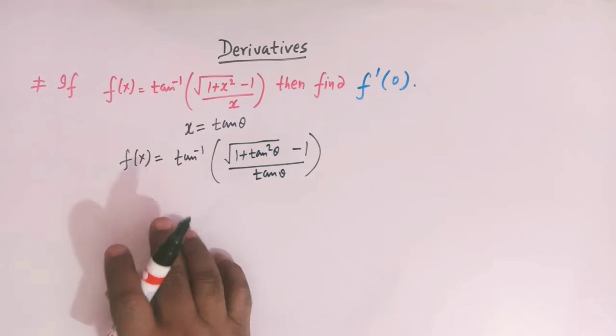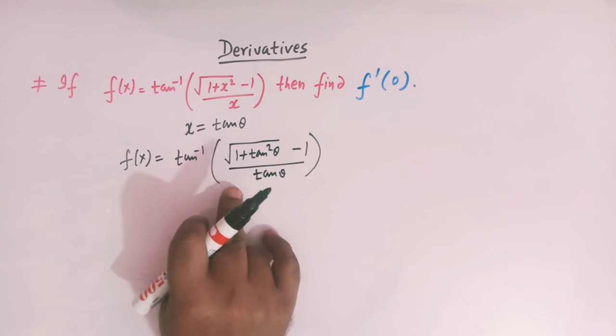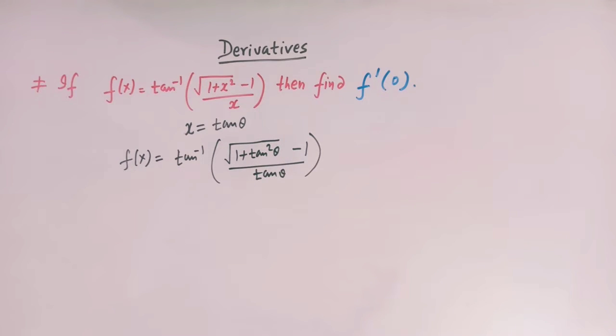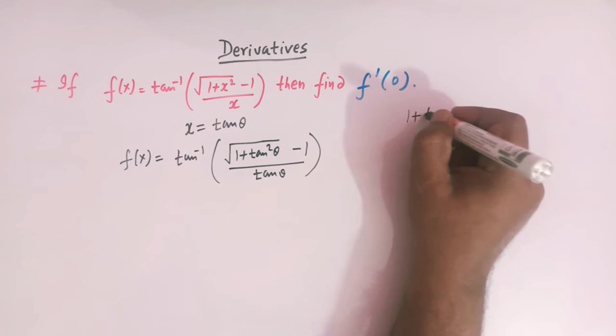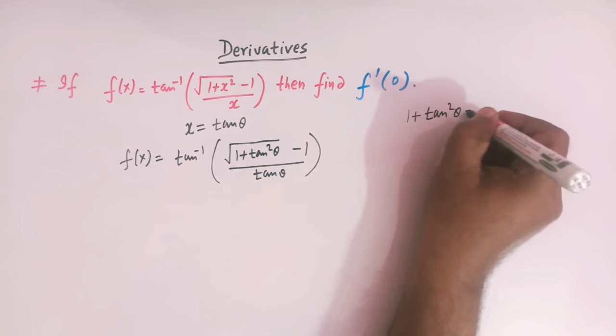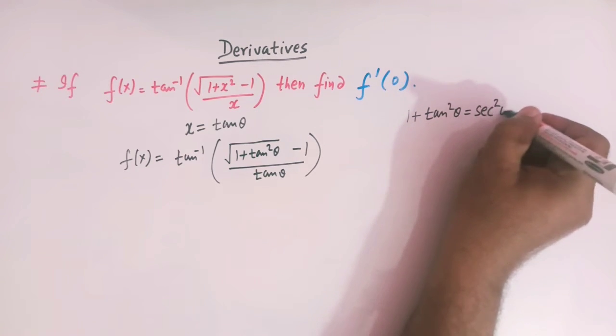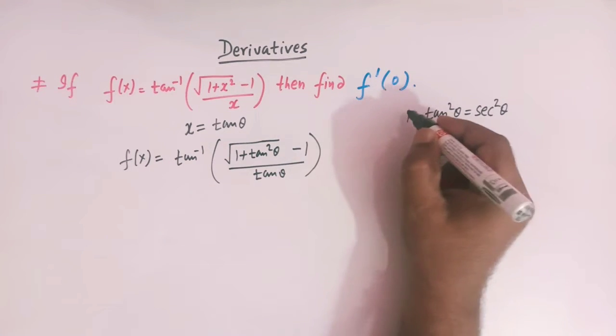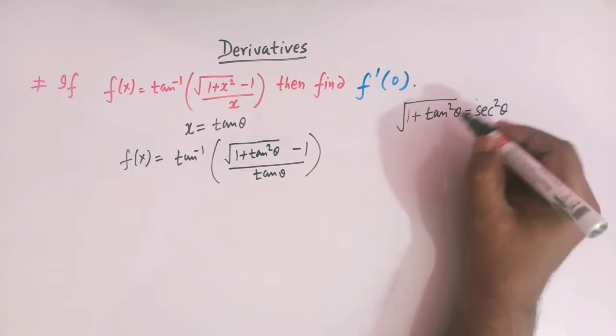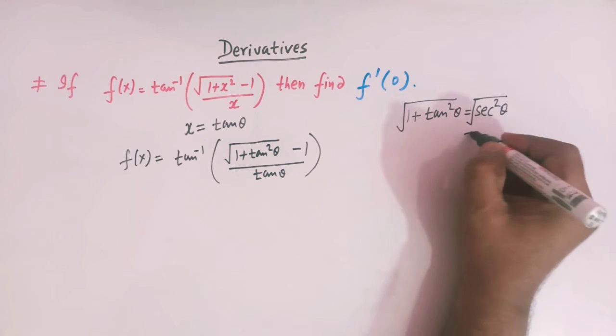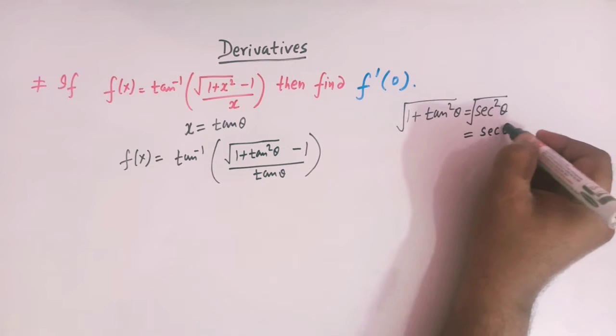Now here we'll make use of some important identities from trigonometry. We know that 1 plus tan square theta is equal to secant square theta, so the square root of 1 plus tan square theta is secant theta.